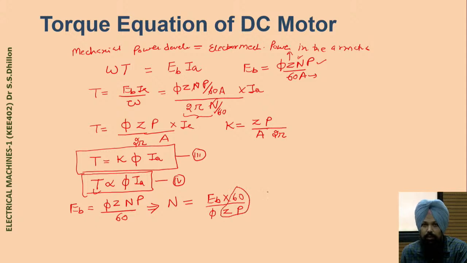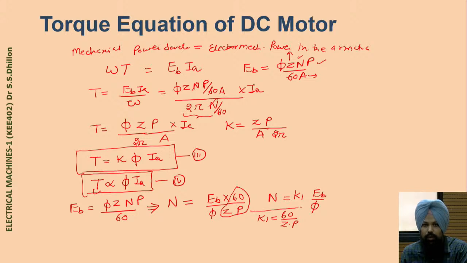Okay, this is the constant term. That's why we can have the speed equation like K1 into Eb divided by the flux, where K1 is given by 60 by Z into P.